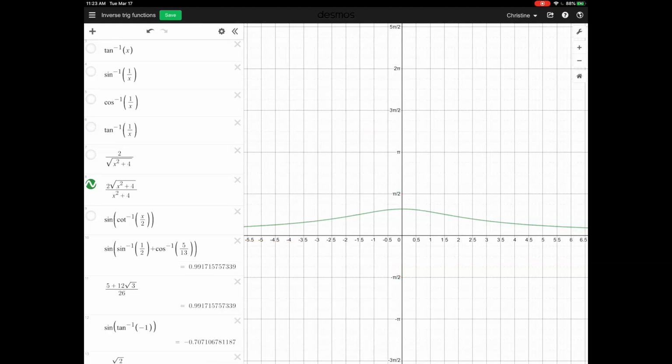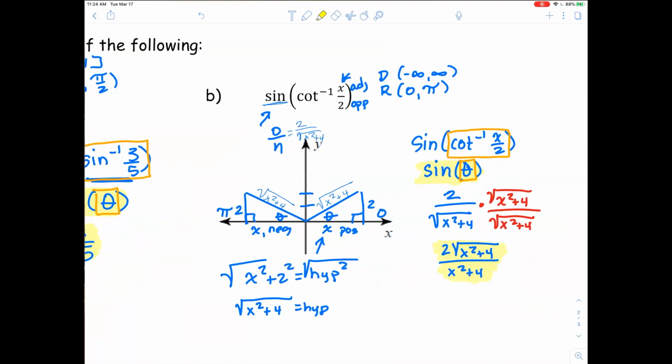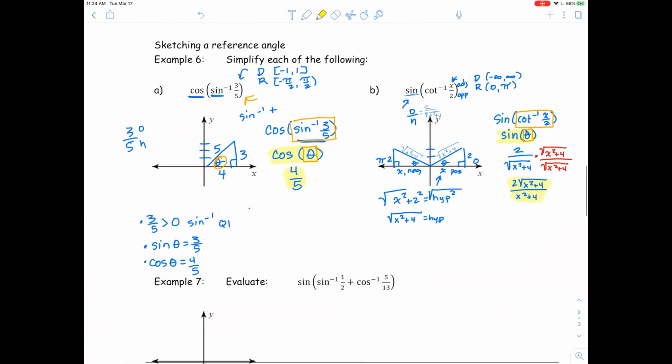So there's the square root of 2, number 8 graph is the answer. And then if I do number 9 graph and I turn on sine of cotangent inverse of x over 2, watch what happens. Notice it changed color. Now it's purple. They are the same graph. And so again, I'm just trying to reinforce that you can use Desmos to check your work to verify that you're getting things correct. All right.